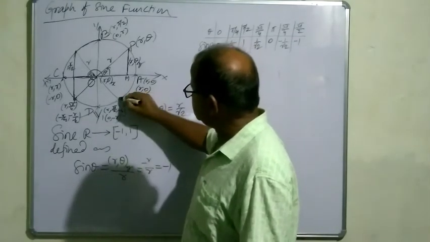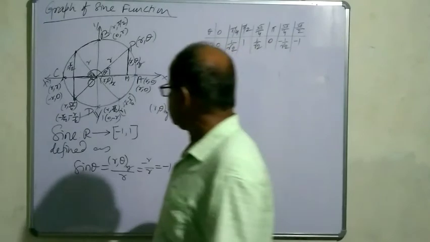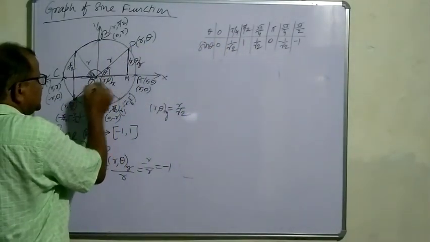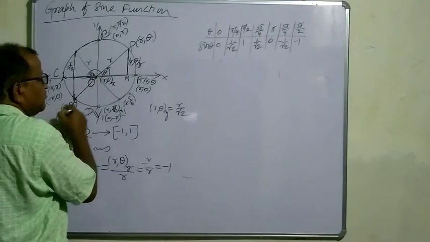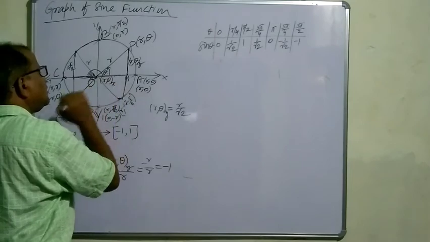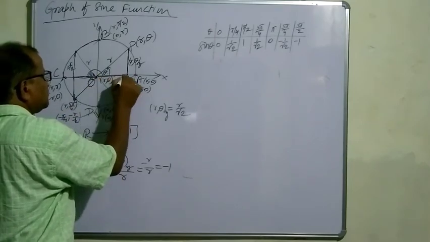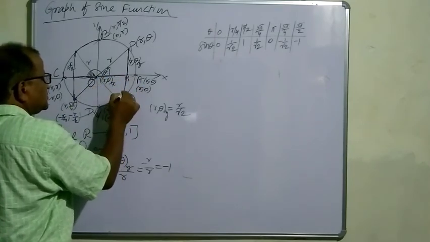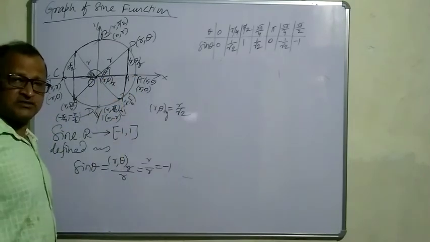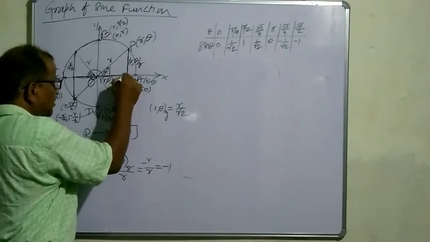So what will be its x coordinate, y coordinate? Yes, 2 pi minus pi by 4. That means the measure of this angle is pi by 4. So if you draw a perpendicular, it will meet here, and this is pi by 4, so this side must be equal to this side.